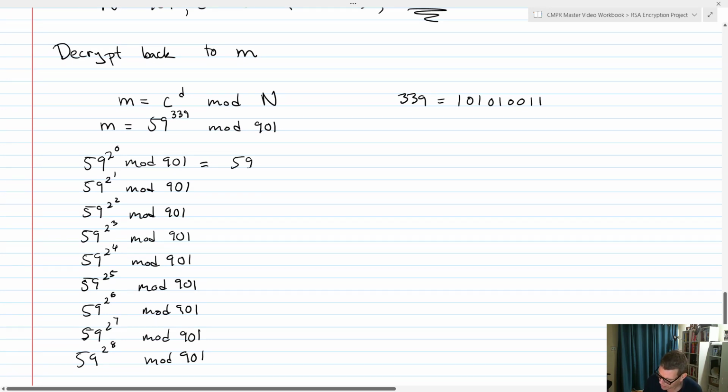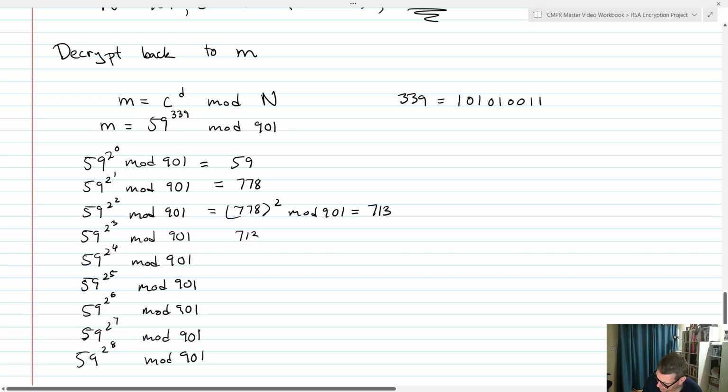So this is going to be 59. 59 to the 1, mod 901 is just going to be 59. 59 squared, mod 901, ends up equaling 778. Then we'll take 59 to the 4th, that's just 778 squared, mod 901, and that ends up equaling 713.